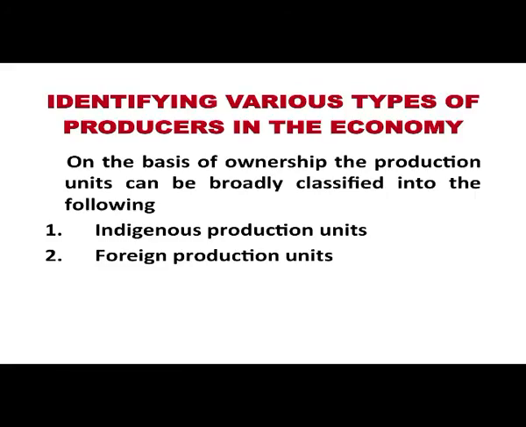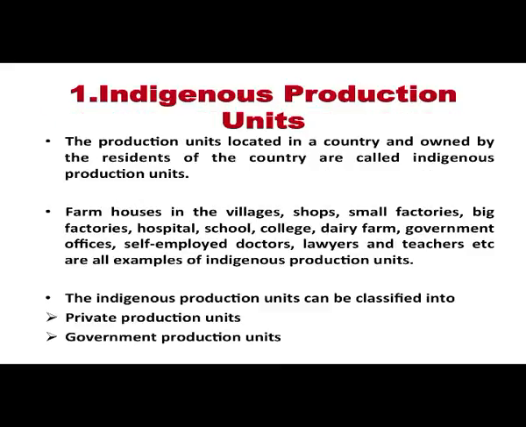We now need to identify various types of producers in the economy. These types of producers, identified on the basis of ownership, can be broadly classified into the following: indigenous production units and foreign production units. Production units located in the country and owned by the residents of the country are called indigenous production units.